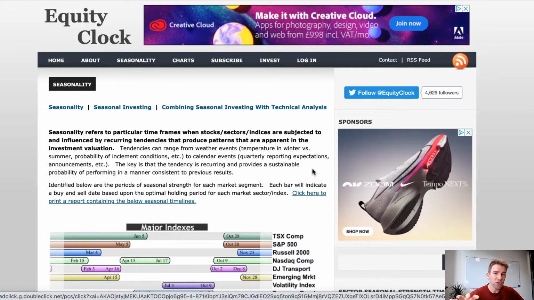What I'm trying to do is look monthly, or every quarter at the very least, to see if there is a seasonality tendency that might be a little bit of extra edge.